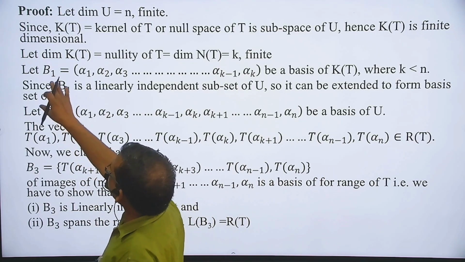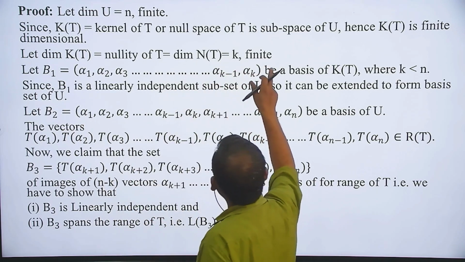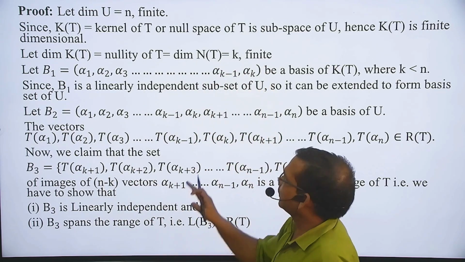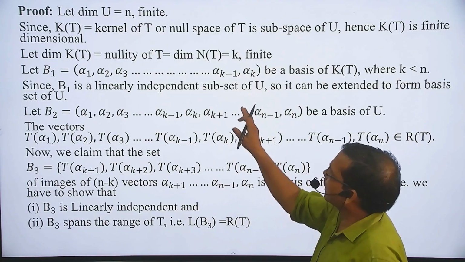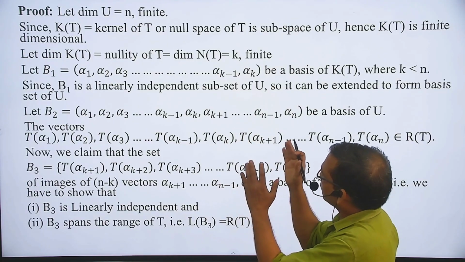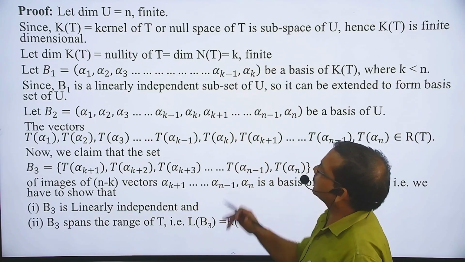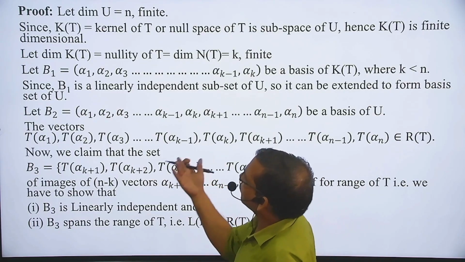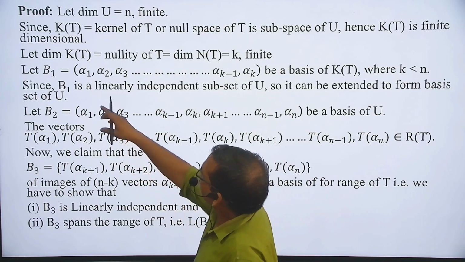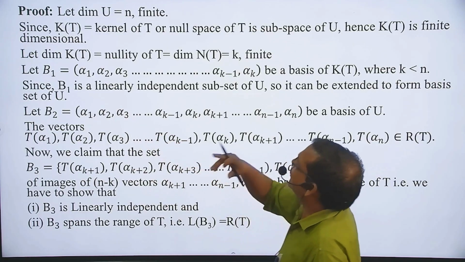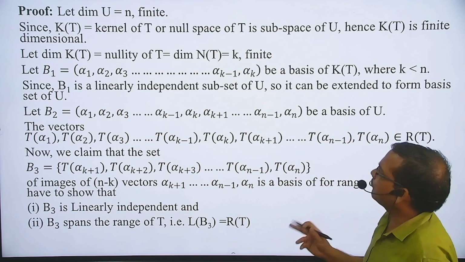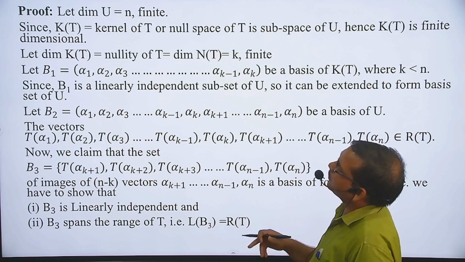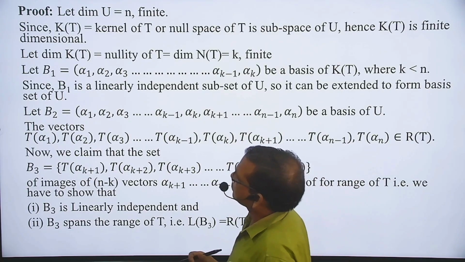Further, since it is finite dimensional, the basis of this null space has a finite number of vectors which are linearly independent and span the null space.